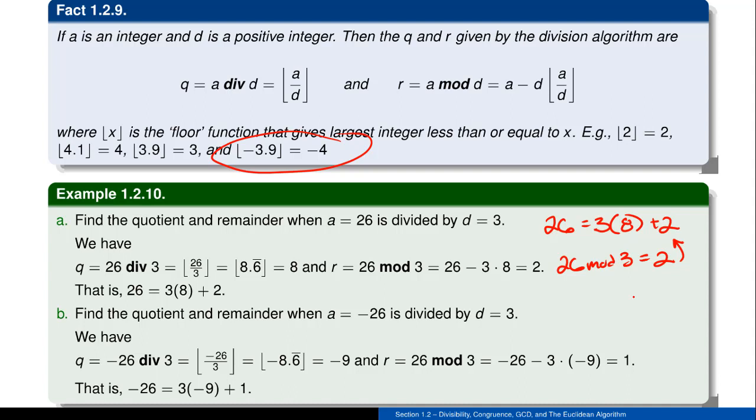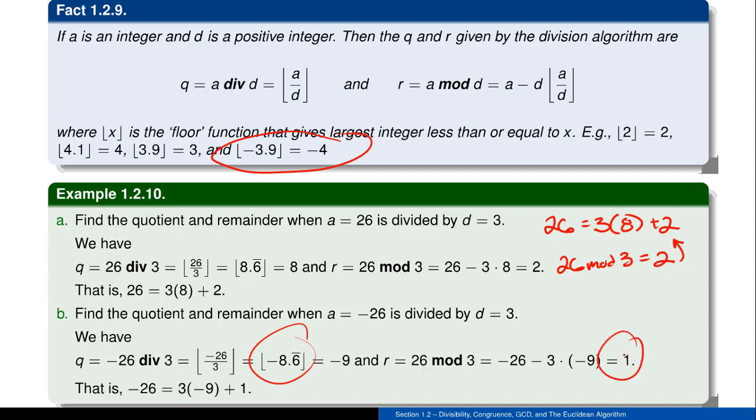If you take the floor of this expression, it then fires off a negative 9. So if you now compute that remainder value, you're going to get a, which is negative 26, minus 3 multiplied by a negative 9. Those two things are going to multiply to make a positive 27, kicking out a remainder of 1.